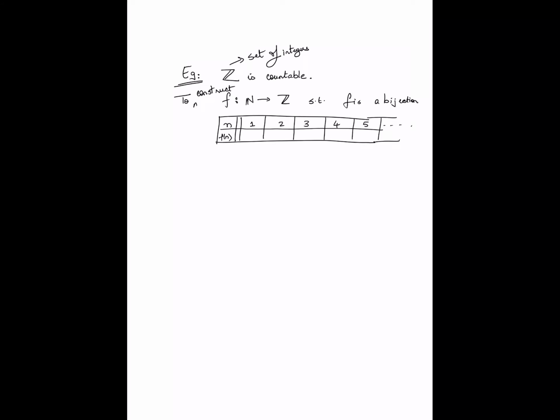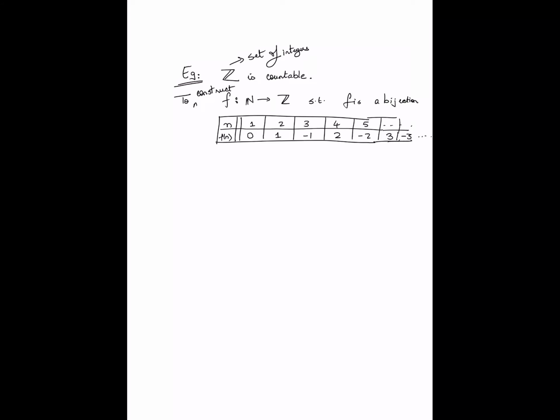So f of n is going to be defined as follows. I'm basically going to write 0 here, 1, minus 1, 2, minus 2, 3, minus 3, and so on. So I'm going to define f of n in this manner.